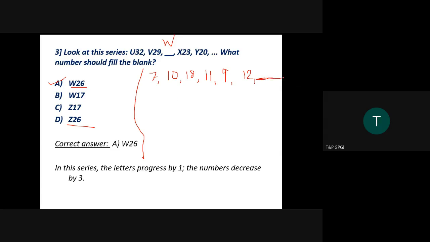That means after 12, what will be the number here? We have to identify. So what will you do? This is simple. You can just see 7 and 10. What is the difference between them? 3. So you add 3 to 7, 10. 10 and 18, plus 8.